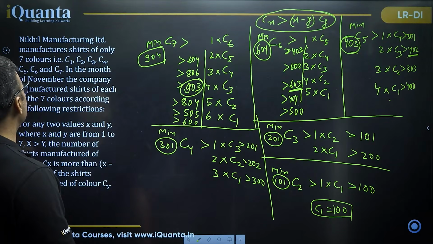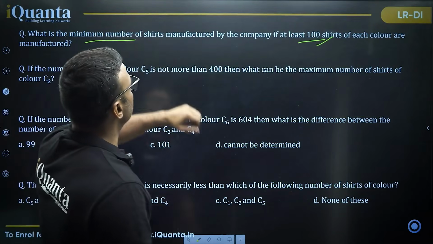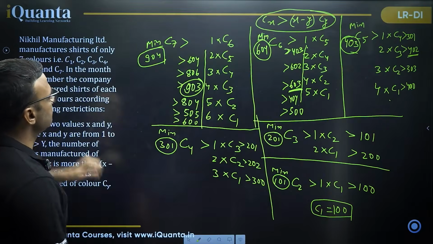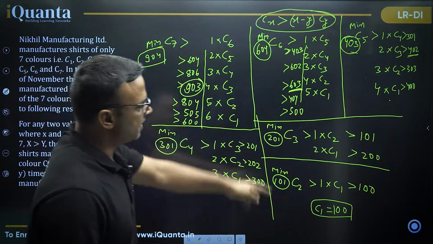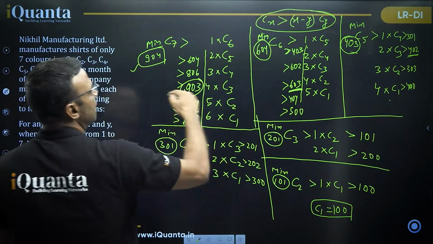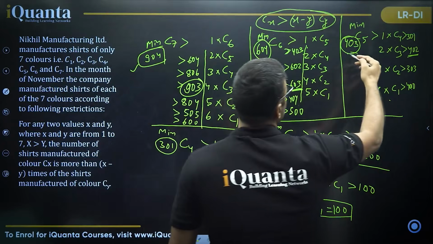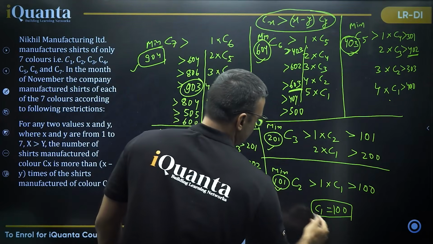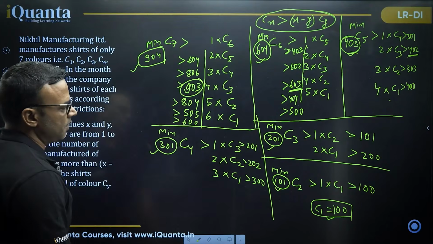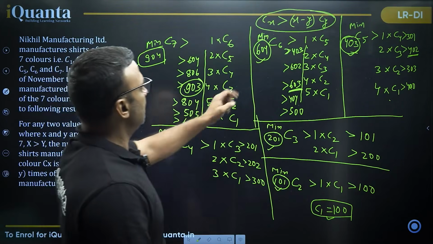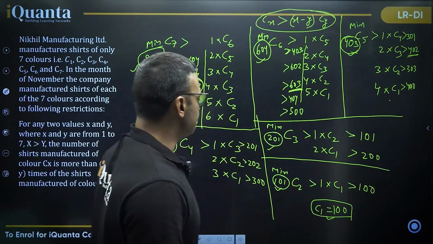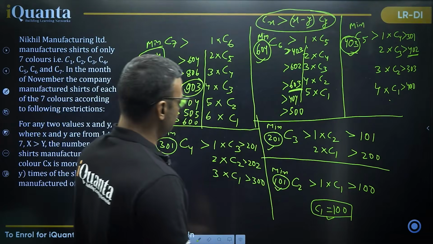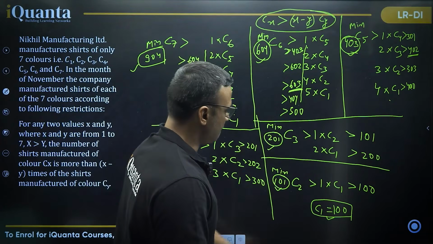What is the question? The question was, what is the minimum number of shirts? So we have found the minimum of all of them. So add all of these numbers very carefully. Which ones? 904, 604, 403, 301, 201, 101 and 100. Add them carefully. 4 and 4, 8 and 3, 11 and 1, 12, 13, 14.